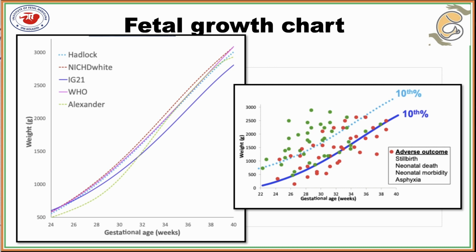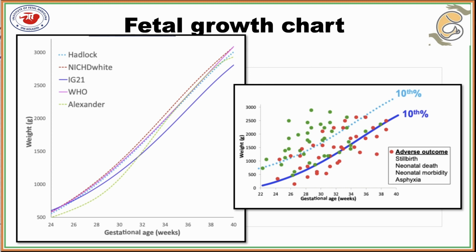If whatever growth chart you are using has the 10th centile on the higher side, it will be a little bit more specific. When I say more specific, that means the false positives will be less on this side, but at the same time there will be false negatives, in the sense that it will miss these red circles.